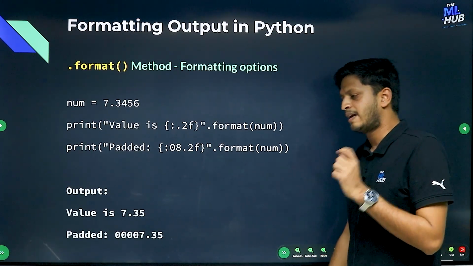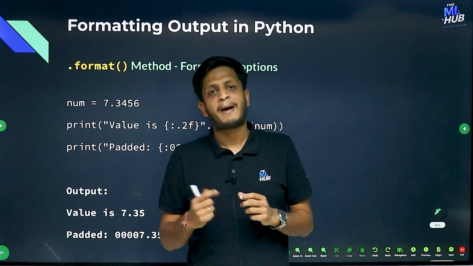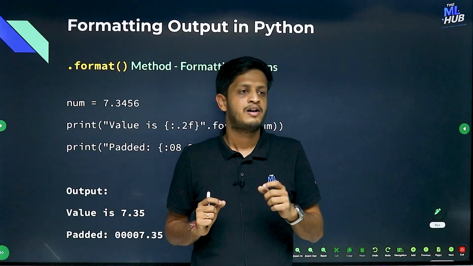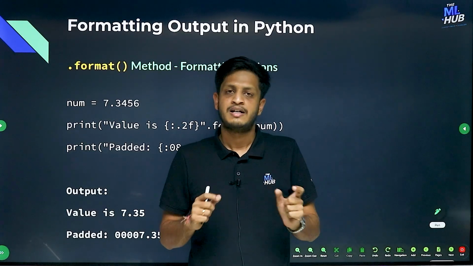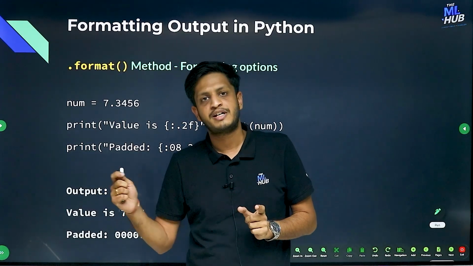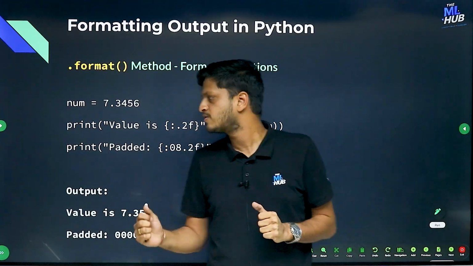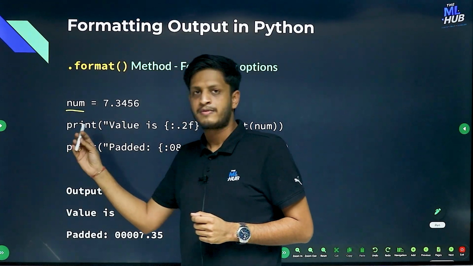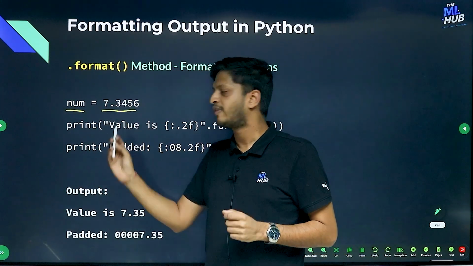Okay, and also the same formatting options, like what if we want padding, like after decimal places we want only 2 decimal places, or we want to pad with zeros. The same padding which works with f strings works with dot format function as well. So here is an example. We defined a floating point number called num and we stored the value 7.3456 to it.